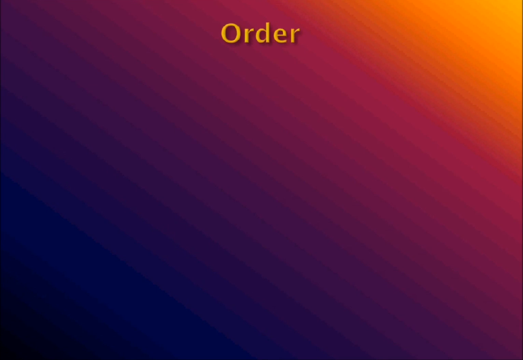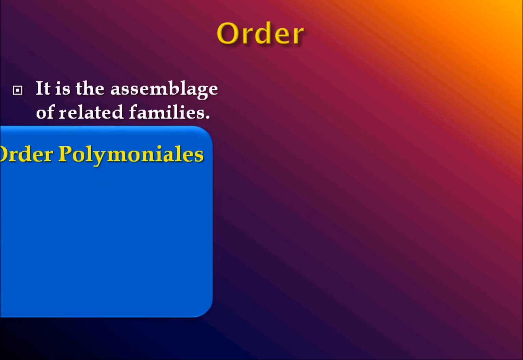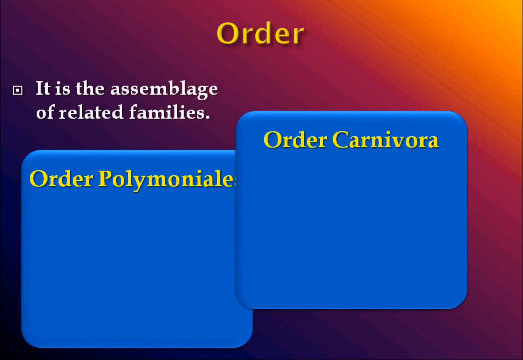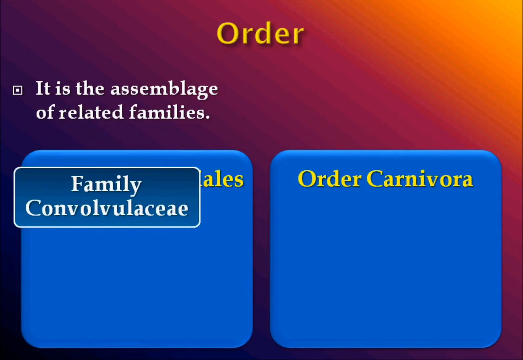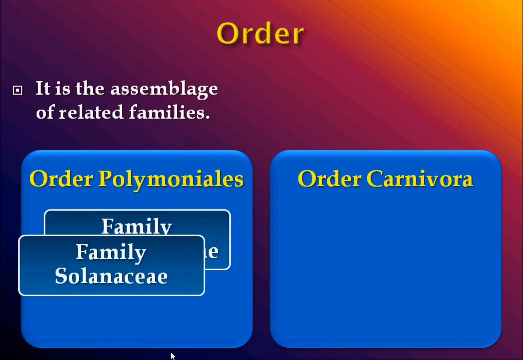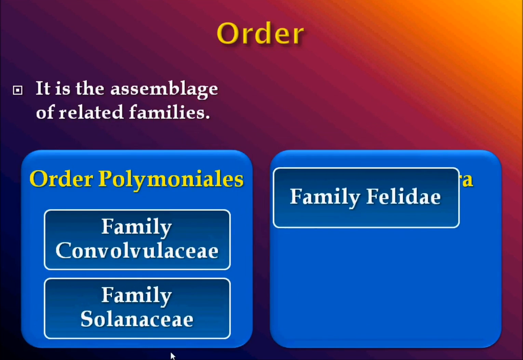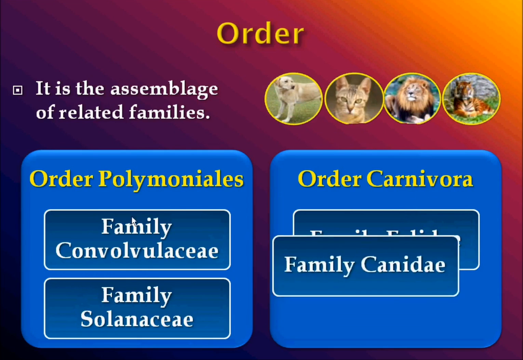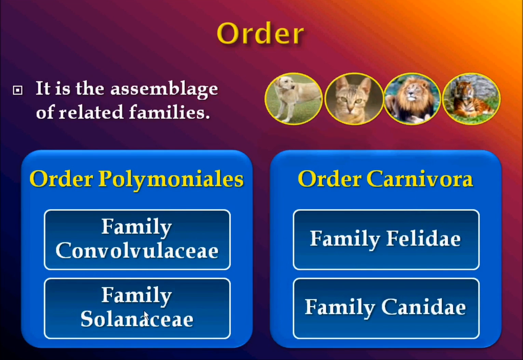Now another taxa in front of you, which is order. So order is a group of related families. So for example, here I am explaining with the help of both plant and animal examples. So family Convolvulaceae and family Solanaceae will be under order Polymoniales, and family Felidae and family Canidae will be under order Carnivora.